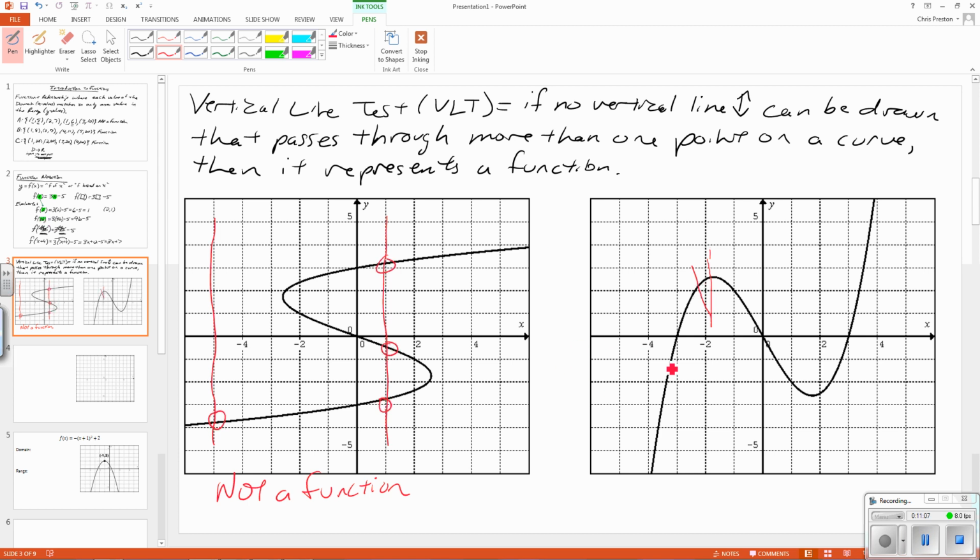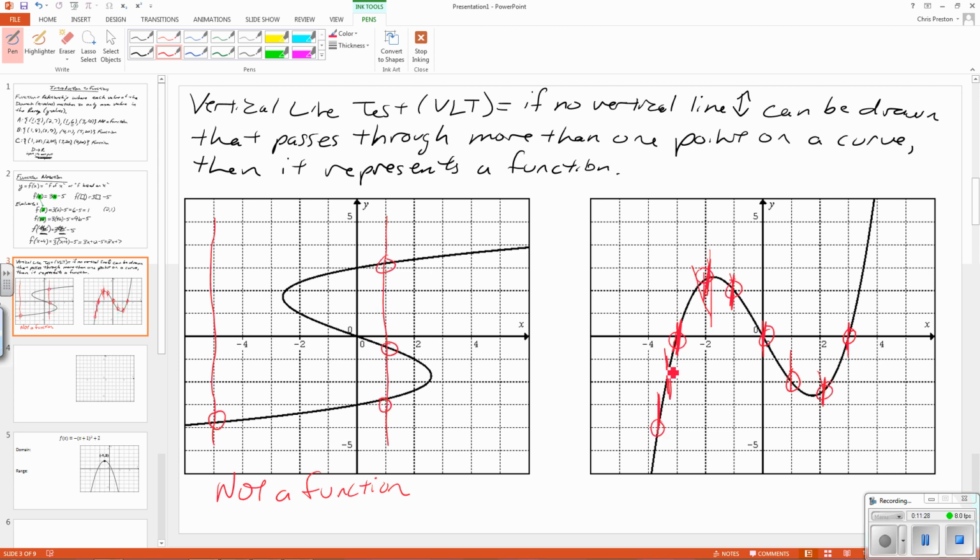I'm having some trouble with my little pad here. But everywhere, you get the idea. Everywhere I draw a vertical line, I'm only going to hit one point on this curve. Every vertical line I draw, it only ever hits one spot on the curve. So this one is a function.